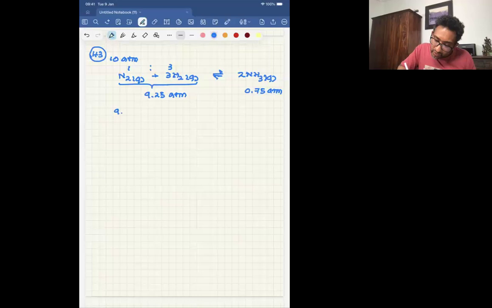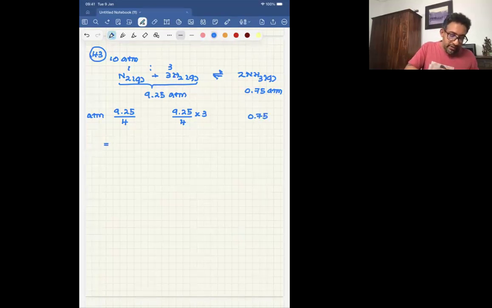So nitrogen is 9.25 divided by 4 multiplied by 1, which is 2.3125. Hydrogen is 9.25 multiplied by 3 divided by 4, which is 6.9375.